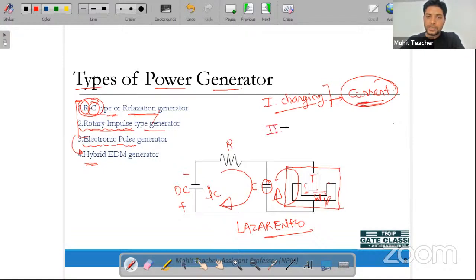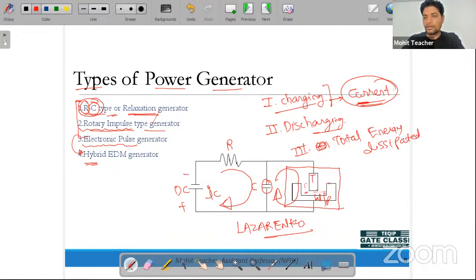Second, we will discuss the discharging, meaning the current during the discharging. Third, we will discuss the total energy dissipated during discharging.